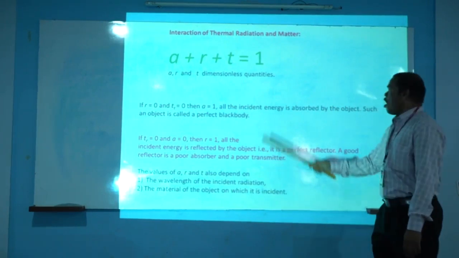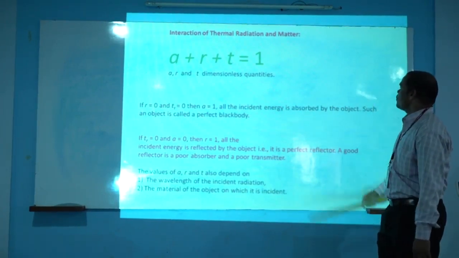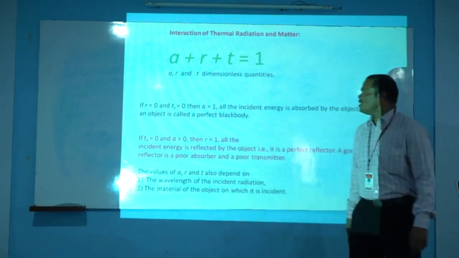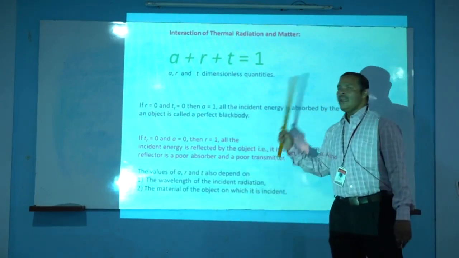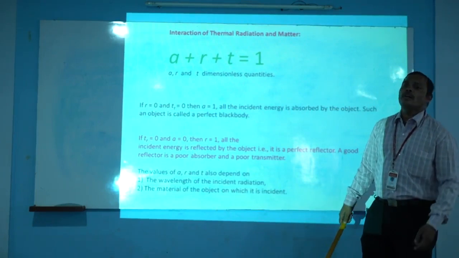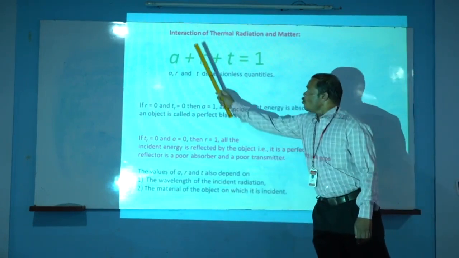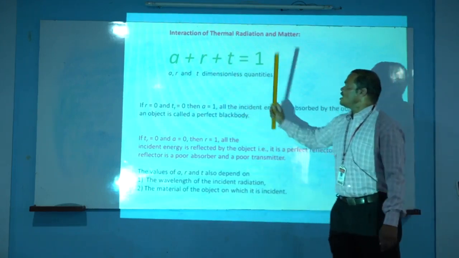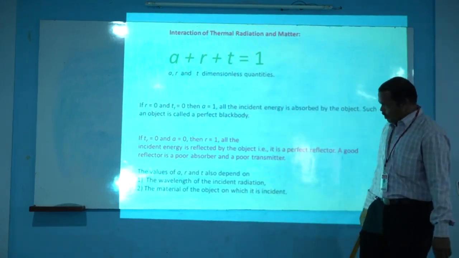That means all the incident energy is absorbed by the object, and such an object is called a perfectly black body. In other words, for a perfectly black body, the coefficient of absorption is 1, and the coefficients of reflectance and transmittance are 0.